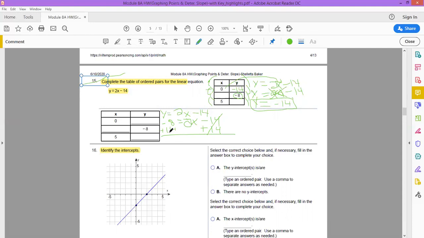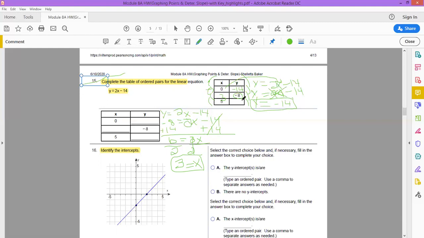We want to combine those two values, and you'll get 6 equals 2x. Continue to solve the equation. We want to divide both sides of the equation by 2. The 2's will cancel, and x equals 6 divided by 2, or 3. So in the second row, our x coordinate, we're replacing that with 3.